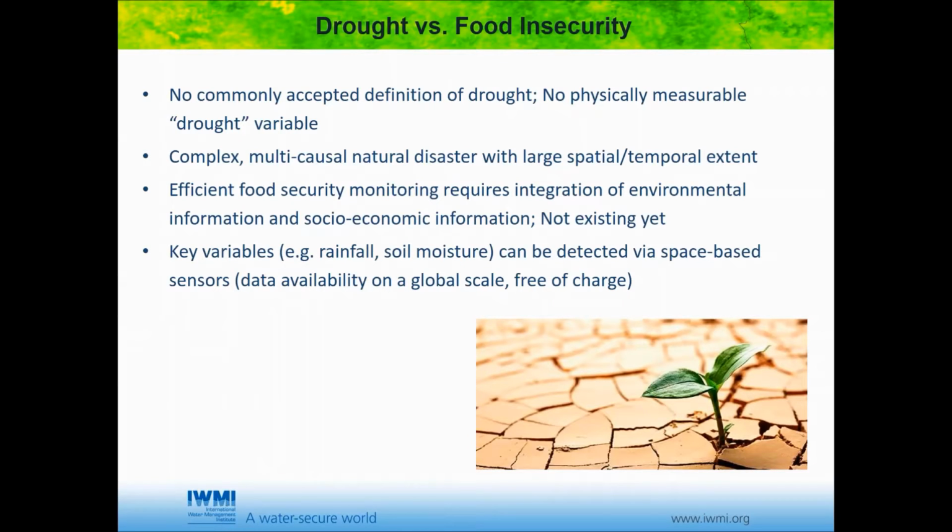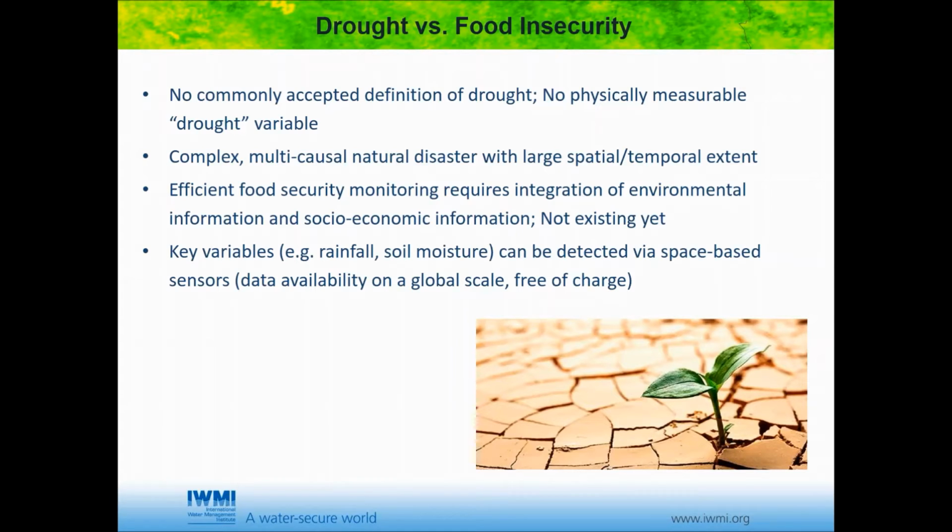Just to give a background, I hope other presenters will also highlight the definition and context of how we define drought. To start, there is no commonly accepted definition of drought, and there is no physical measurement of drought because it is complex to understand, unlike floods, where you have monitoring measurements like water level or depth, or more field-based assessment.